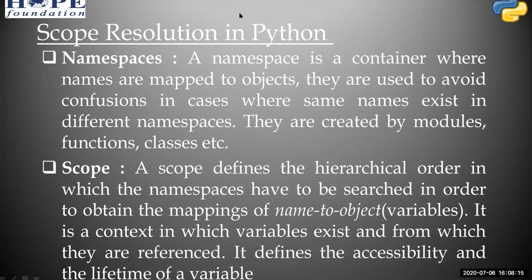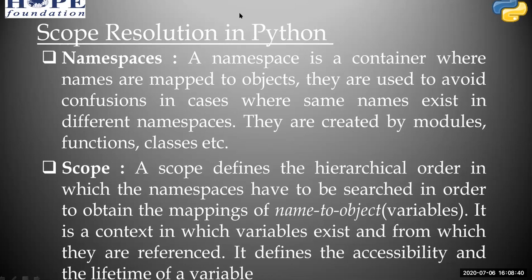Objects means lists, dictionaries, tuples, sets, and booleans are also called objects. Namespaces are used to avoid confusion. We already know that Python is a case-sensitive language.